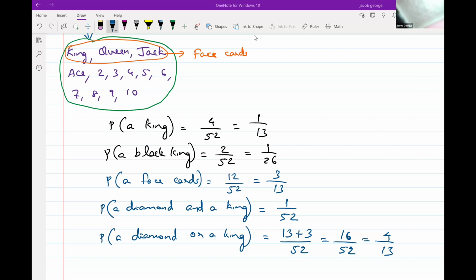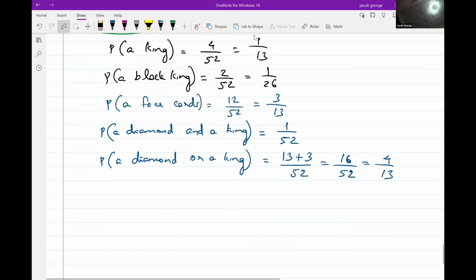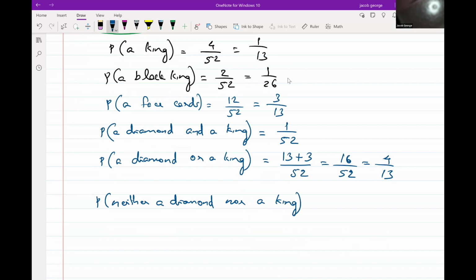Connected to or, another similar one can be asked: probability of neither a diamond nor a king. It is exactly the remaining cards. Neither a diamond nor a king means it is not a diamond and it is not a king. 16 cards are diamond or king, so the remaining cards will be 52 minus 16 by 52.